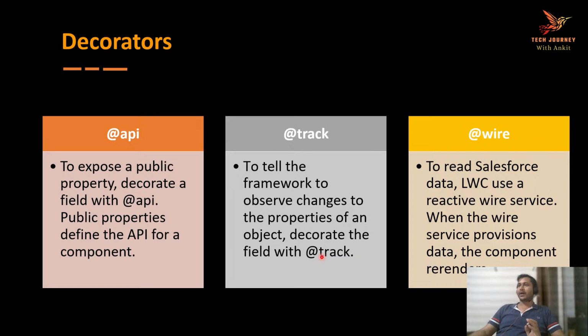The @track decorator is also used to identify the property as a private property. By default, if you are not specifying any decorator, it will be considered as under the @track decorator only. By default, your properties are private properties. To make it explicitly public, we have to go for the @api decorator. Otherwise, our job can be served with the @track decorator as well.